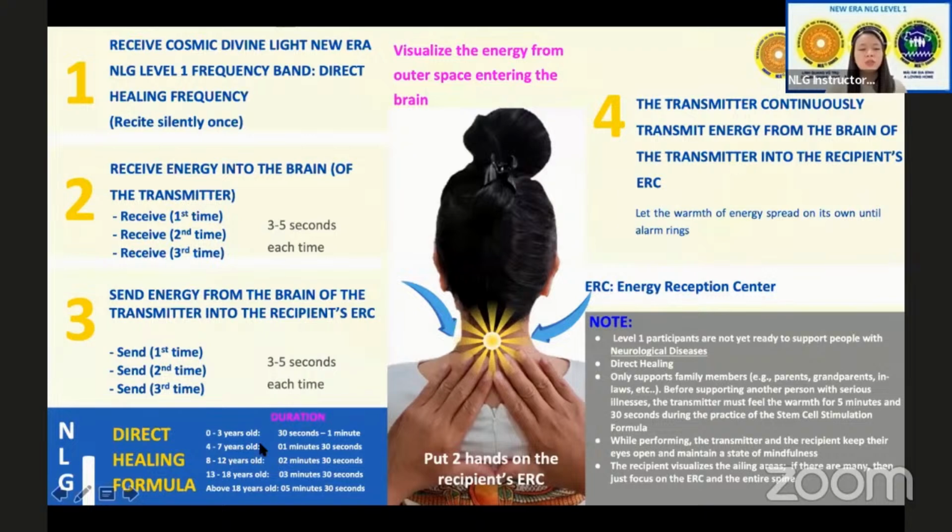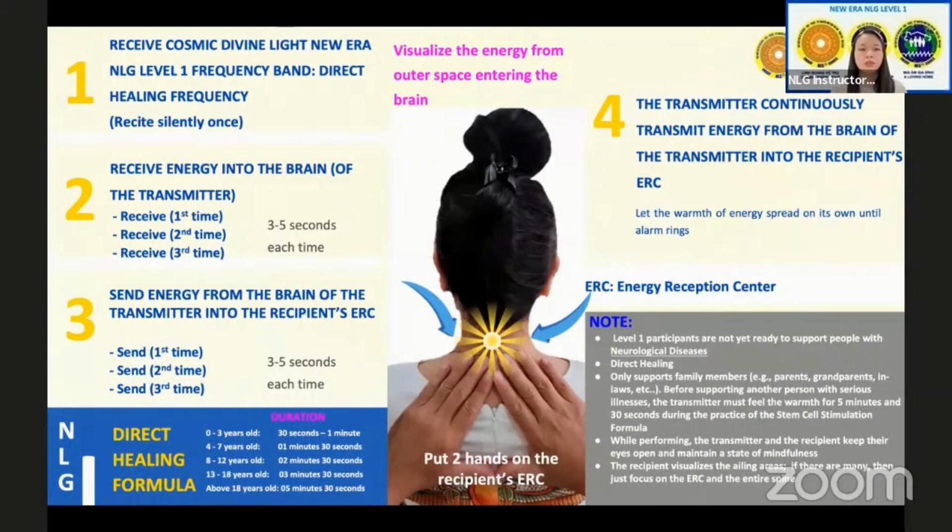So for 0 to 3 years old children, you will practice this formula for them for 30 seconds to 1 minute, a very short amount of time. 4 to 7 years old, 1 minute and 30 seconds of healing support. 8 to 12 years old recipients will receive this support for 2 minutes and 30 seconds. 13 to 18 years old, that will be 3 minutes and 30 seconds. And for recipients who are above 18 years old, that will be 5 minutes and 30 seconds. Okay.